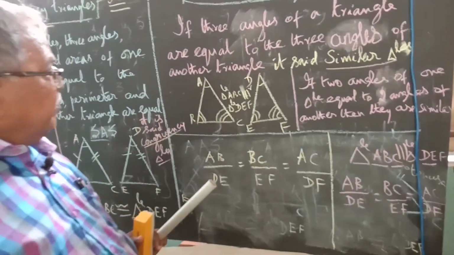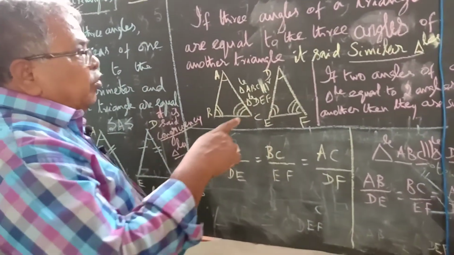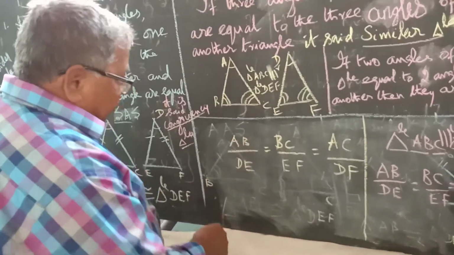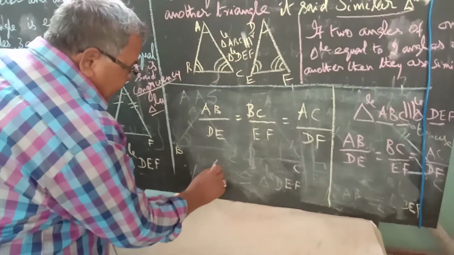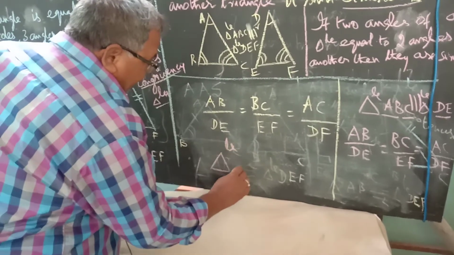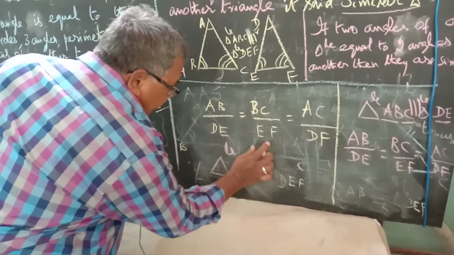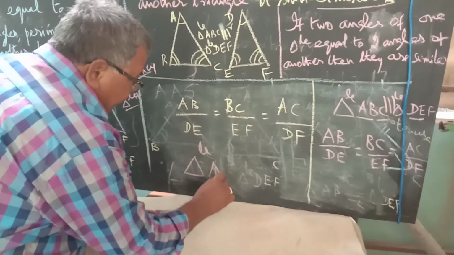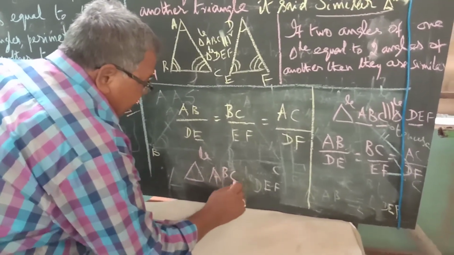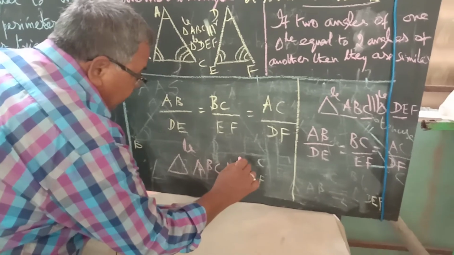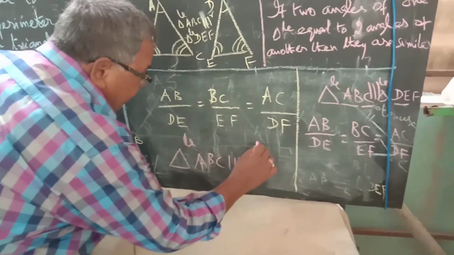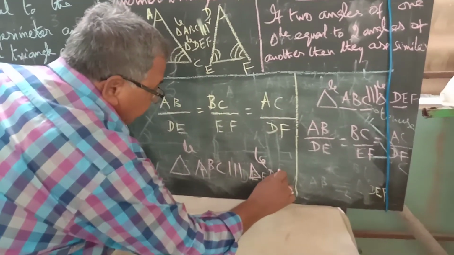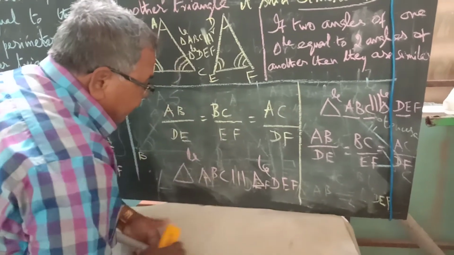One more thing. Similar triangles are written as triangle ABC similar to triangle DEF.